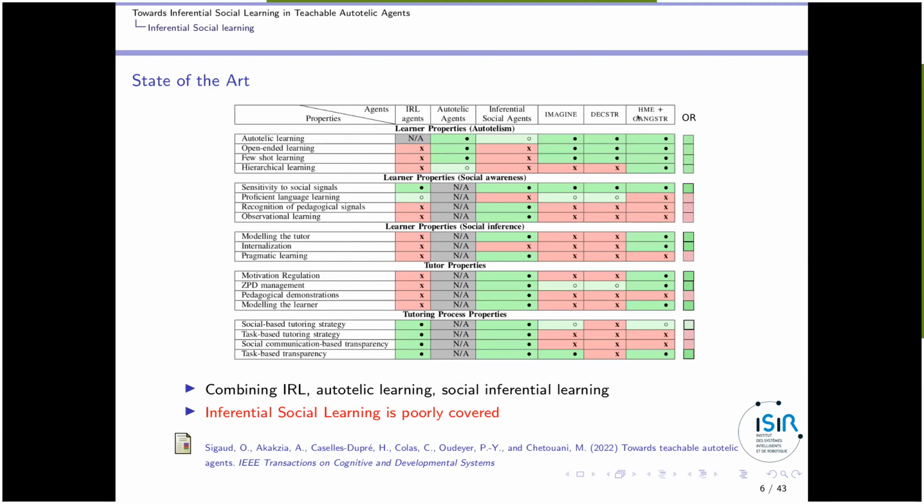And it was quite obvious from this survey that if you take the OR between the properties of those different agents, the properties that are not covered mostly correspond to inferential social learning capabilities. So the main class of mechanisms that is missing in this literature is related to these inferential social learning capabilities. That's the point of my talk: after discovering this, we started to try to put inferential social learning capabilities into our agents.